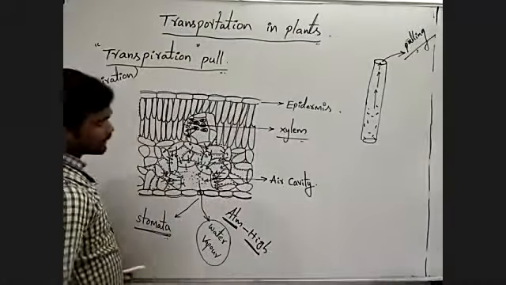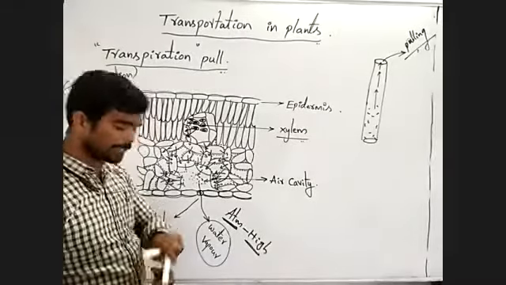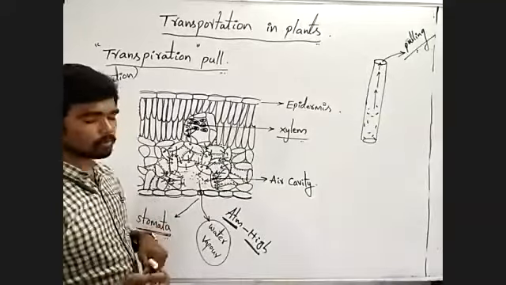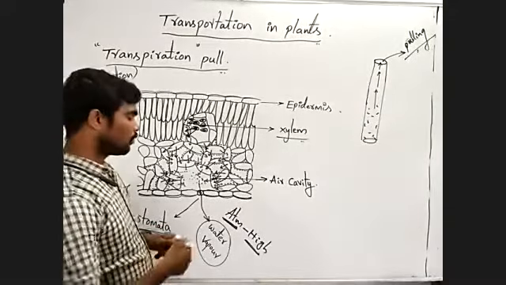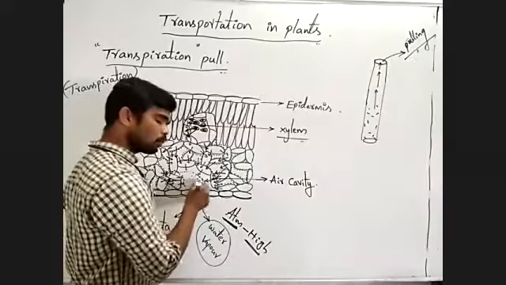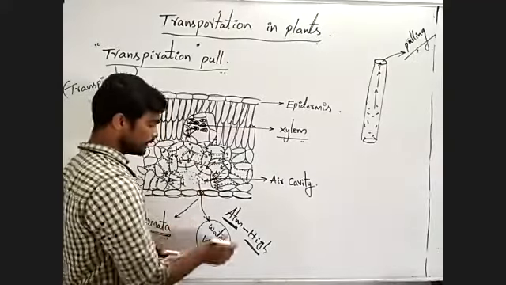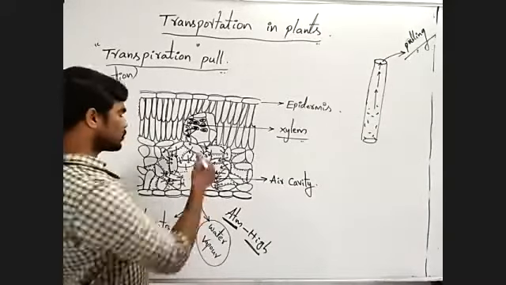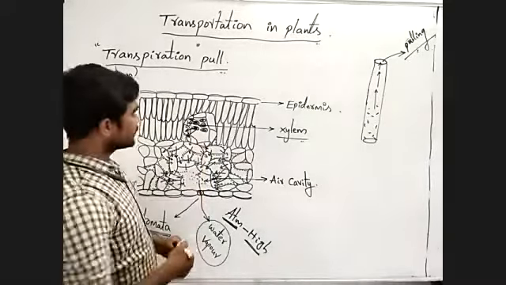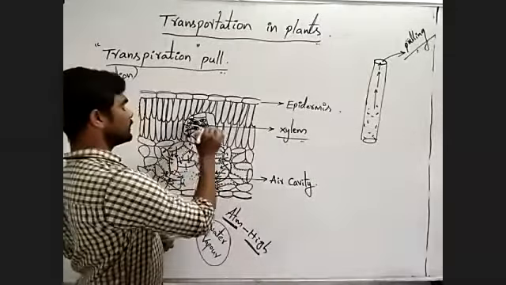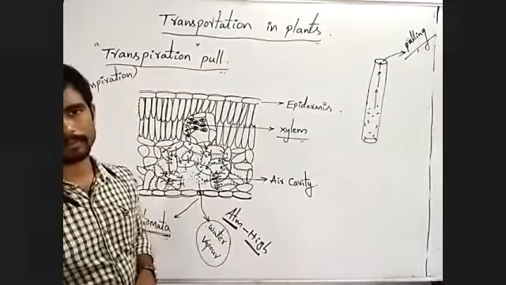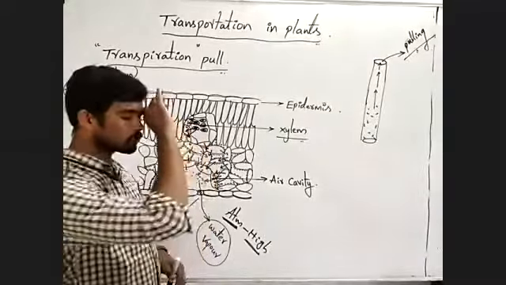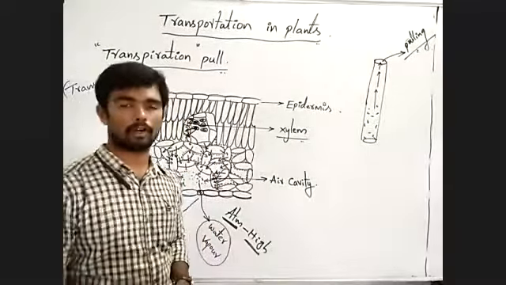If there is no transpiration process, what will happen? Water is not transported out of the plant into the atmosphere. Next, water tension is not created in all these cells. In such conditions, a pulling effect is also not formed.